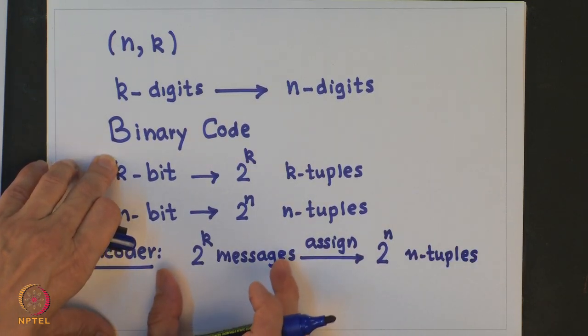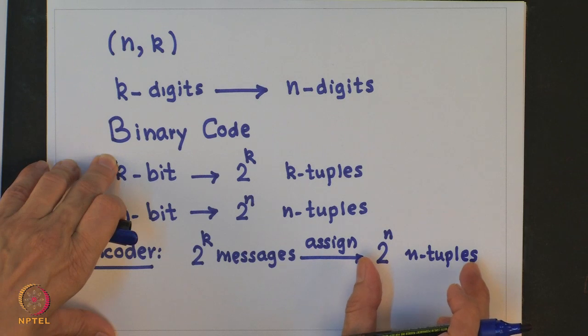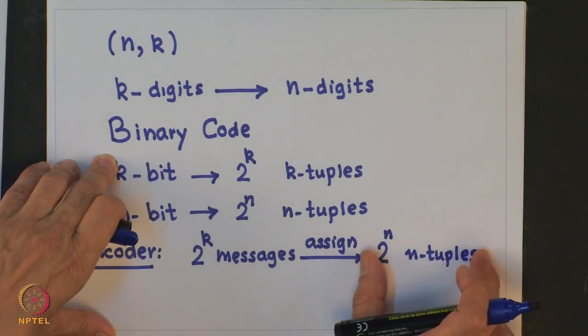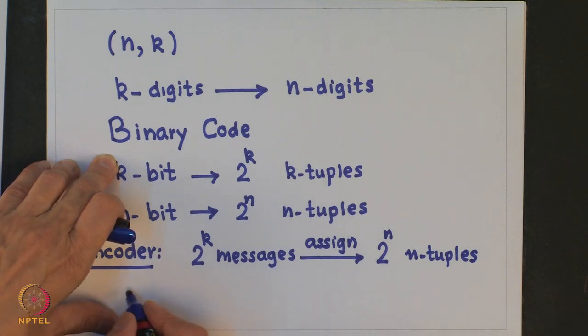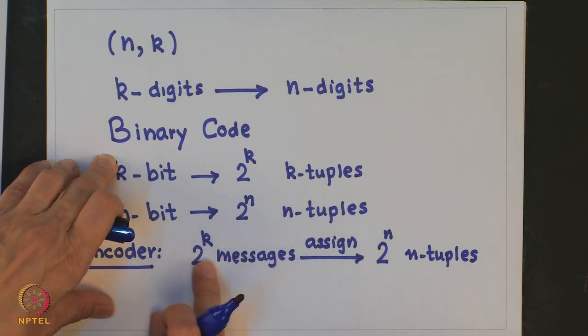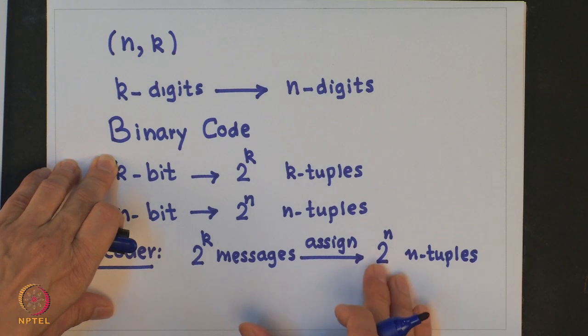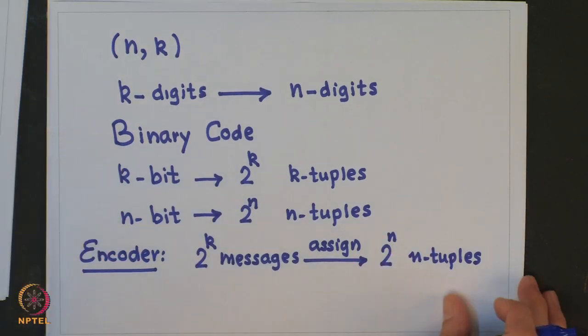Here we will have message sequences which are k bits long, and here we will have the code words which are n bits long. What we get is that 2 raised to k messages, k tuples, uniquely get mapped to 2 raised to k code word n tuples.